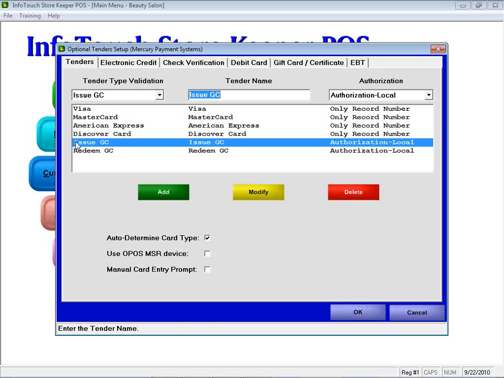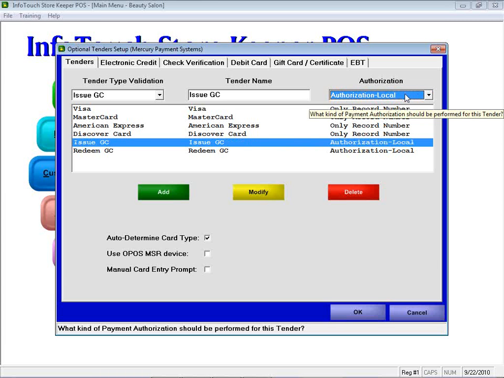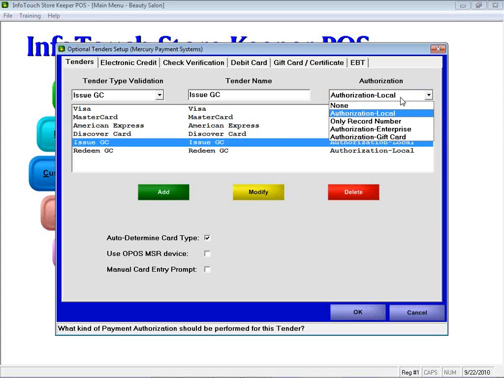concept. And what you want to do if you want to track it locally, that is, have a database internally of gift certificates, is to set the authorization type to authorization local. Note that authorization gift card, by the way, means we're going to go ahead and dial out and try and externally verify it like with a Mercury gift card.